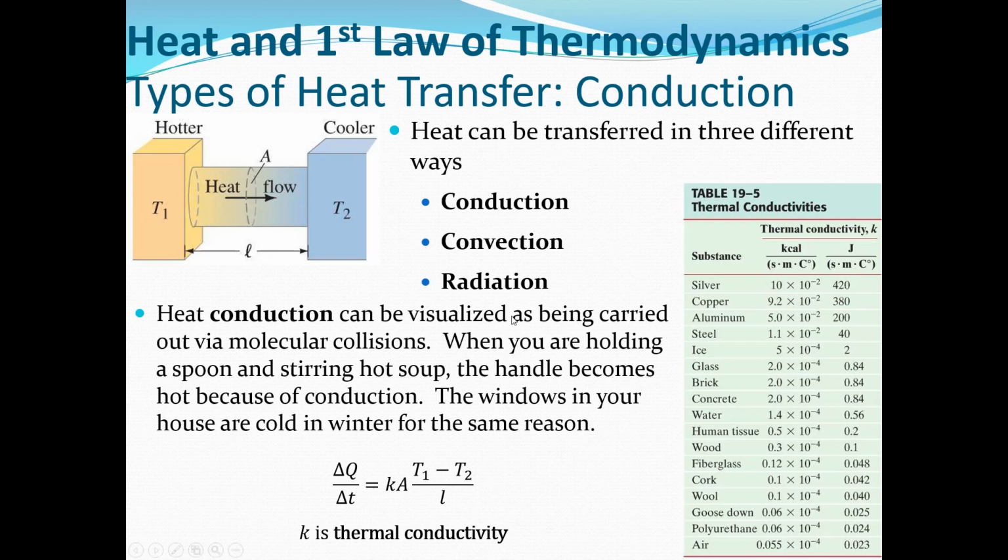Now, the reason for this is actually because something like steel, or silver, has a much higher thermal conductivity than wood. So that means that it allows for heat to transfer much more quickly, I should say.